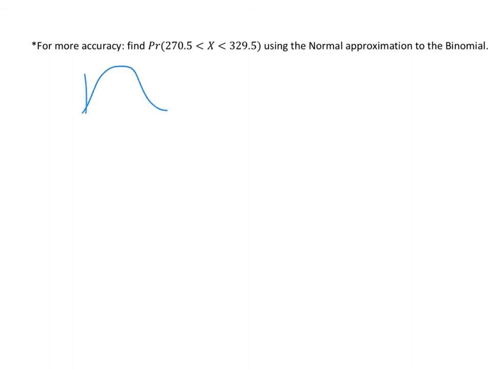for the binomial distribution, we don't include the 270 person. So that's the center of the bar. So we need to actually take to the inner side of the bar. So 270, and then that's the bar 330 right there.